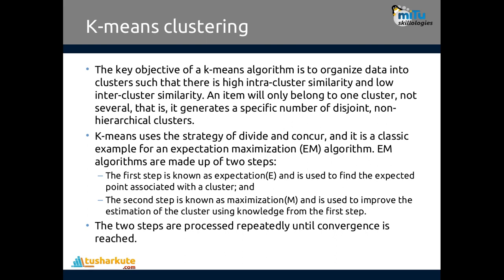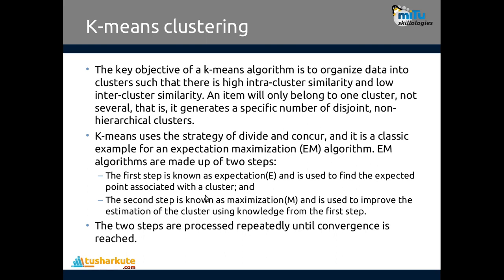K-means uses a strategy called the divide and conquer method. It's a classic example of an expectation and maximization kind of algorithm, which is made up of two different steps. The first step is known as expectation, and is used to find the expected point associated with the cluster.